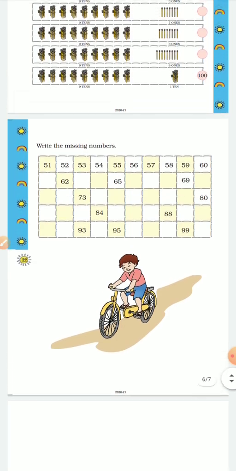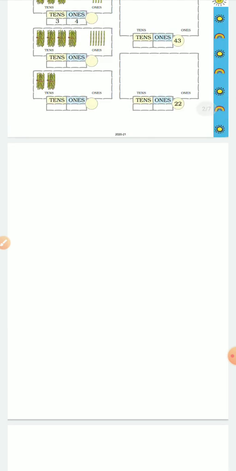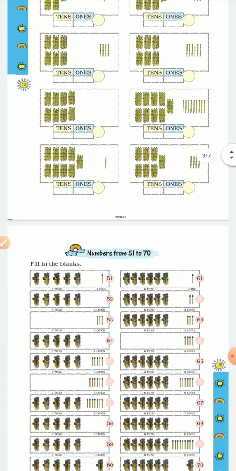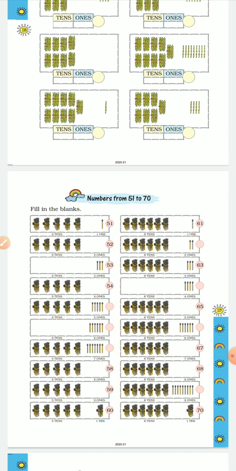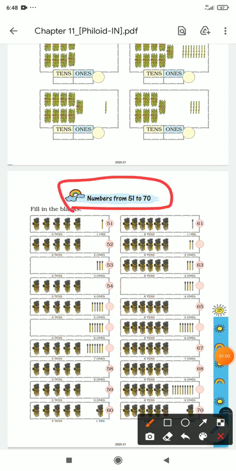So come back to your book, open page number 119. Numbers from 51 to 70. Here we have two boxes.